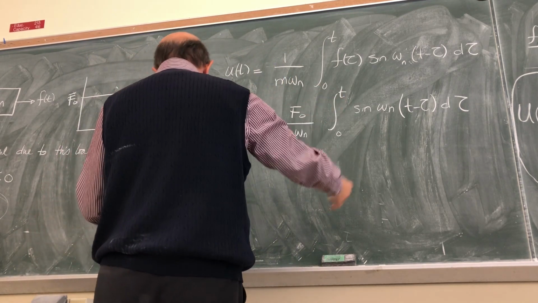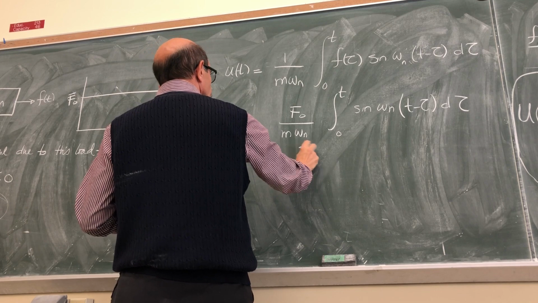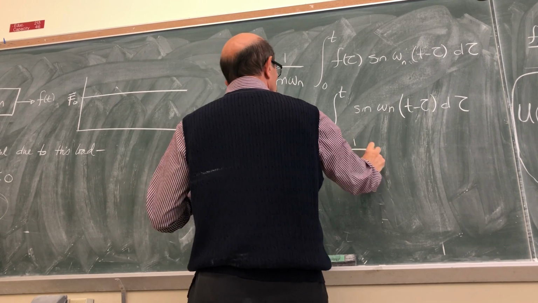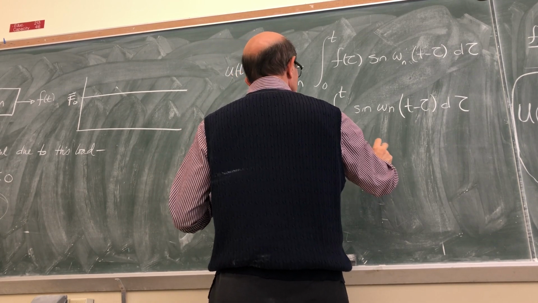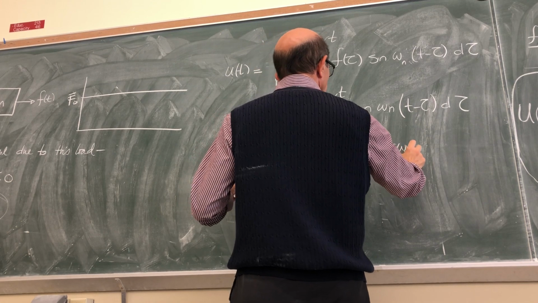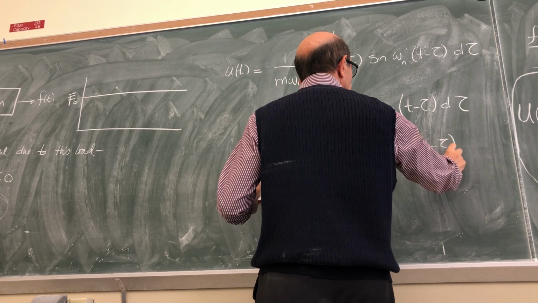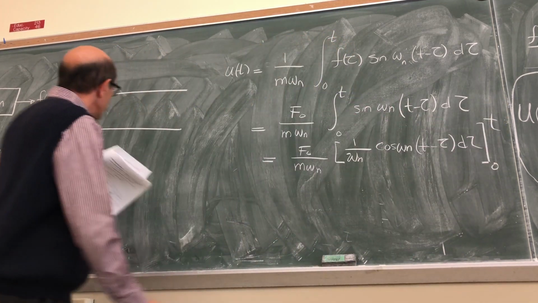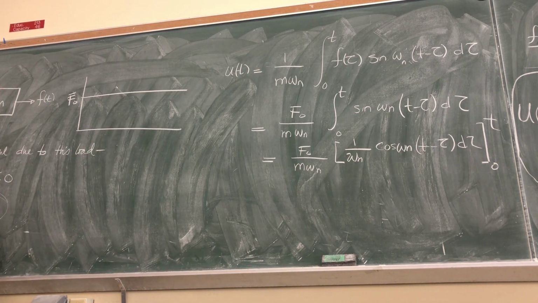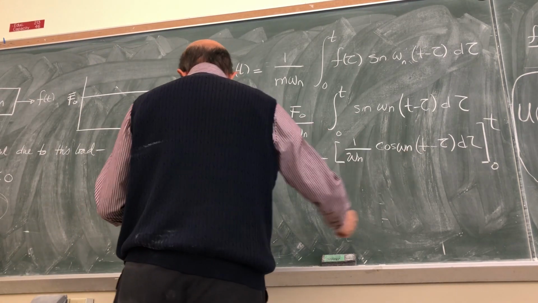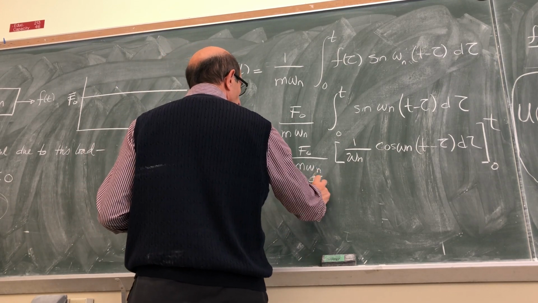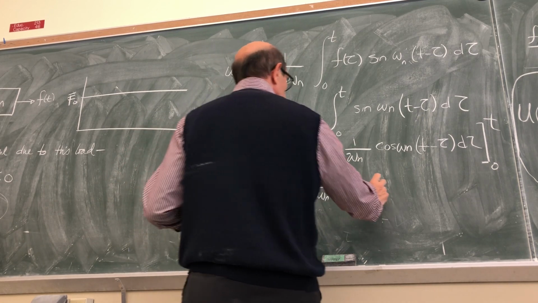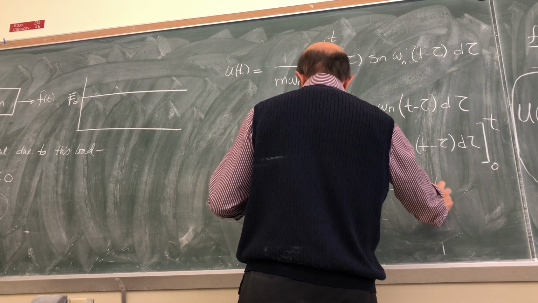So if you do that and take the integration, you get F0 over m omega n times 1 over omega n cosine of omega n (t minus tau) d tau, integrating it from 0 to t. Always integrate in that range to find the time response. So what you find is F0 over m omega n times 1 minus cosine omega n t.